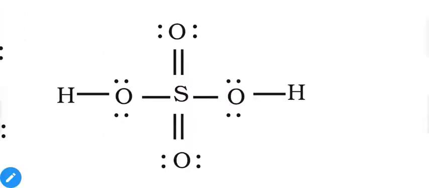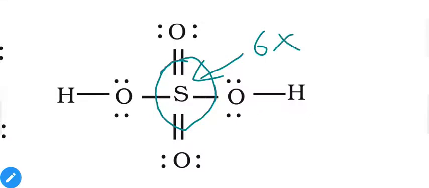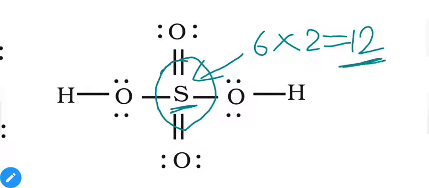In the case of H2SO4, again you will notice we have 12 electrons around the sulfur because it has 2 double bonds on the top oxygen, one single bond with one oxygen, then again a double bond and again a single bond. So how many bonds do we have? We have a total of 6 bonds, so a total of 12 electrons are shared. Around the sulfur we have 12 valence electrons.